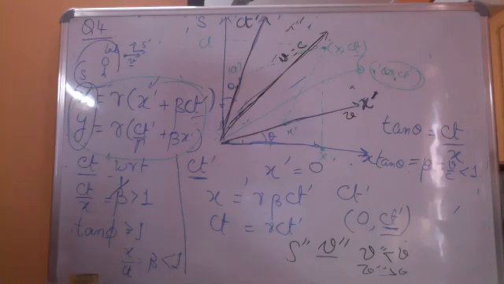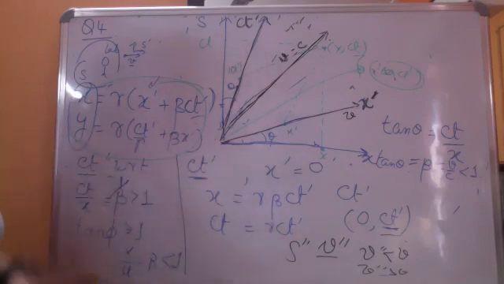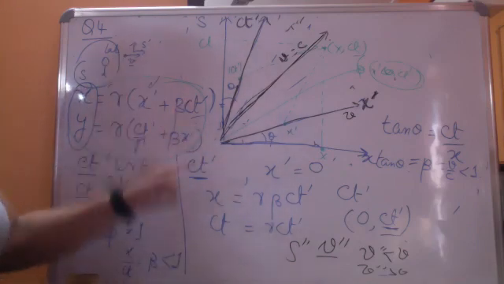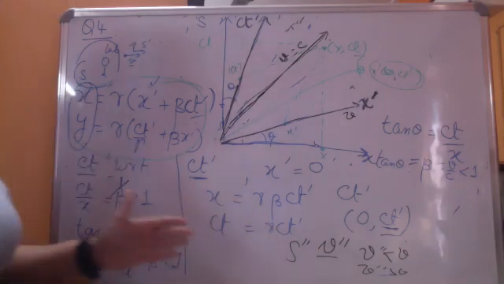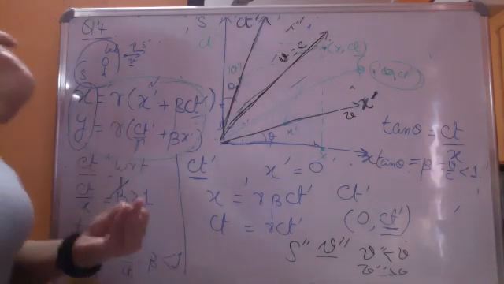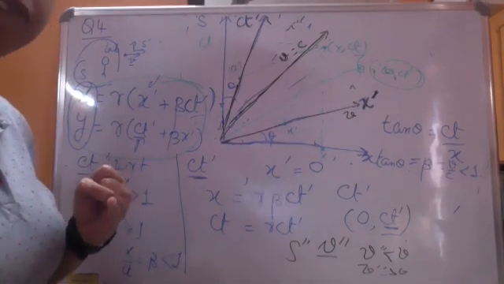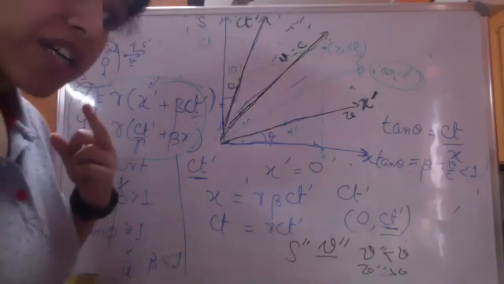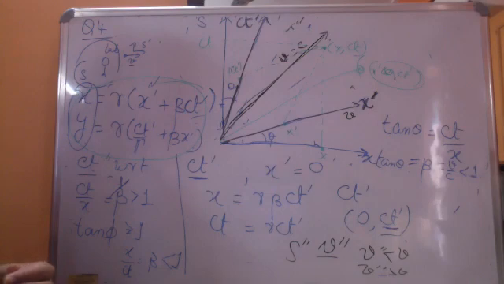Got it, ma'am. That's okay. I can redo the whole problem in the next class, because this is something important to understand. But I suggest you think about all that I just said: you can have infinite straight lines. X prime is one peculiar such straight line, and I've exploited that fact. Ct prime is another peculiar straight line, and I've exploited that fact using my Lorentz transformation.